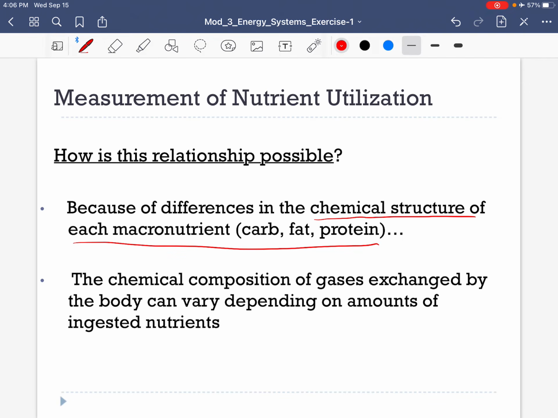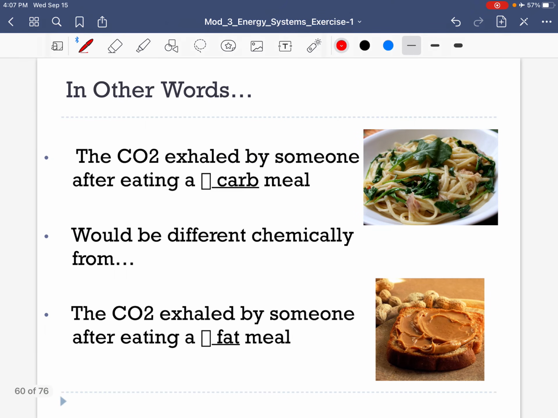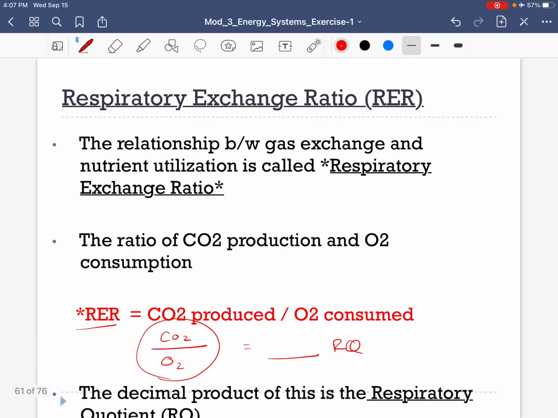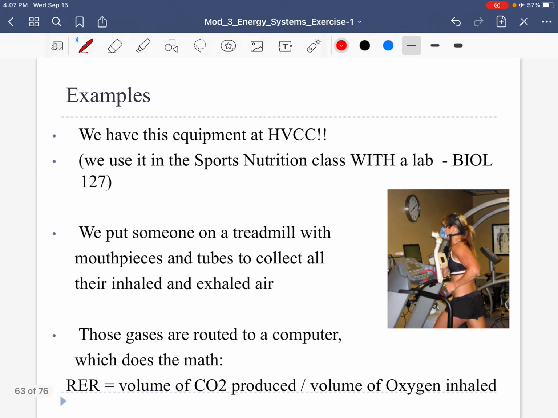I'm not going to ask you this specifically, but another thing that makes this relationship possible in terms of using gas exchange to tell us what our muscles are burning for energy is that carbs, fats, and proteins, when they're burned for energy, because they're chemically different, will produce slightly different amounts of gases. So that's also a possibility, but I'm not going to really ask you about that. Okay. All right, cool.